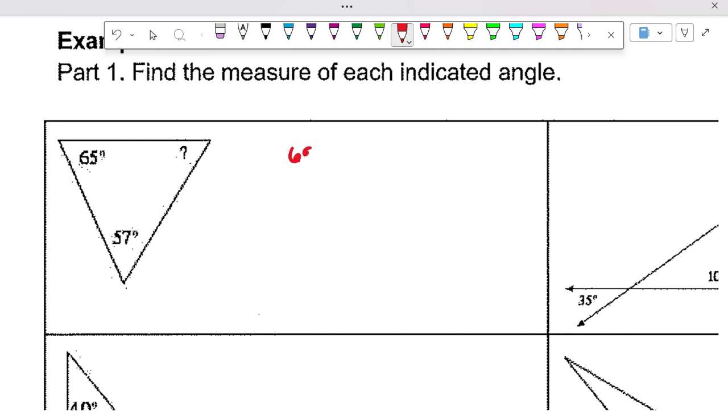So I'm going to add up 65 plus 57, which is what? 122. So those two equal 122 degrees. Then I'm going to take that and subtract it from 180, which would give me what?